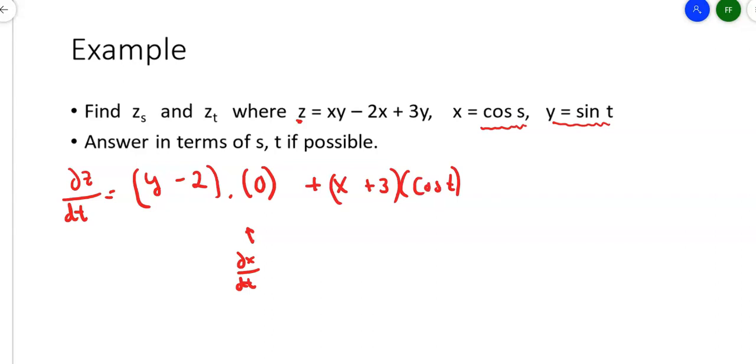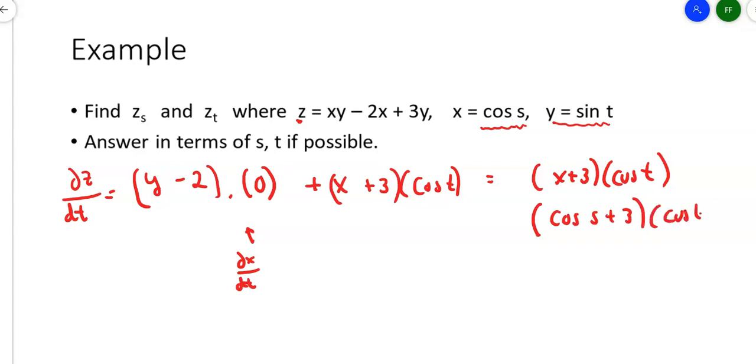All right, so what does that give me? The first piece goes away, and I end up with x plus 3 times the cosine of t. If I can answer in terms of s's and t's, I will. So I'll end up with a cosine of s plus 3 times the cosine of t. And that looks like that's as good as it's going to get.